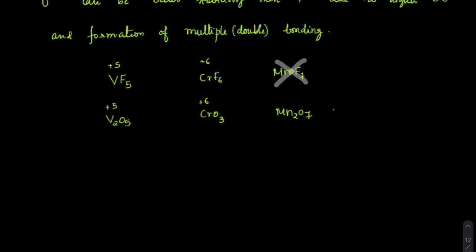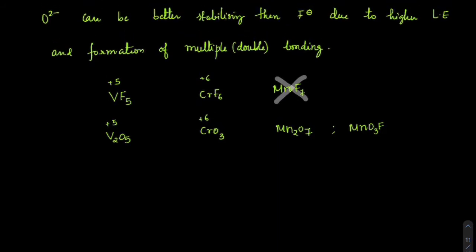How much more it can show with fluorine is that it can become MnO3F. But fluorine alone, 7 fluorines associating with manganese, is very difficult because it cannot polarize the manganese to +7 oxidation state.